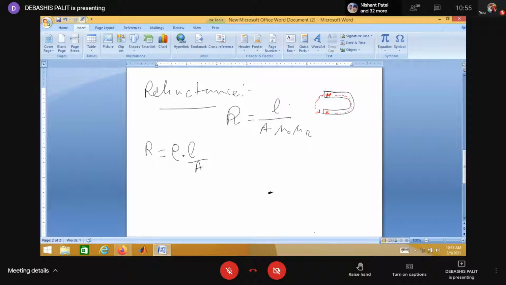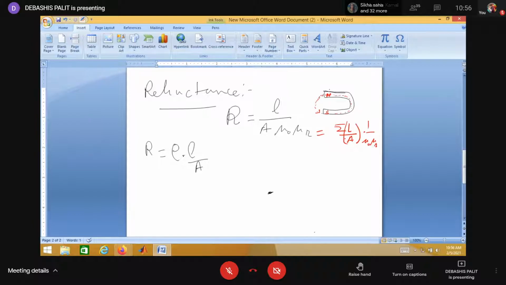In reluctance calculation, sometimes you may have to take the sum of L by A into 1 by mu 0 mu r. There may be some air medium and some magnetic medium.